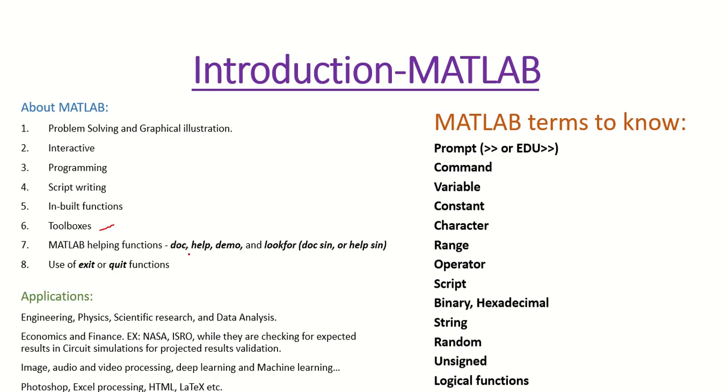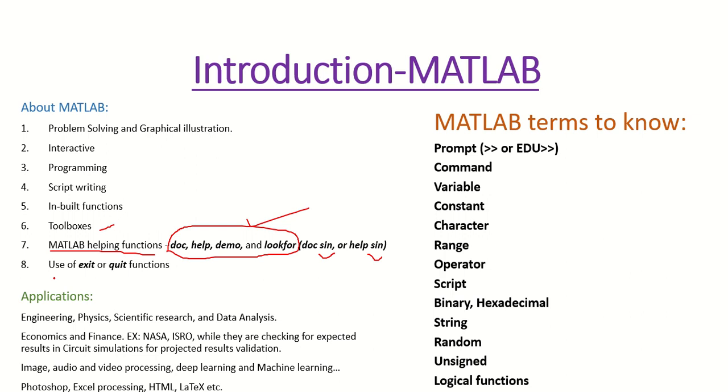You can see doc sign and help sign too. For this trigonometric function, how we need to perform it using the sign function, it will give some examples and we can read and learn from that. That's why we call them MATLAB helping functions. There are some others also, but these are the main ones that we will really use.